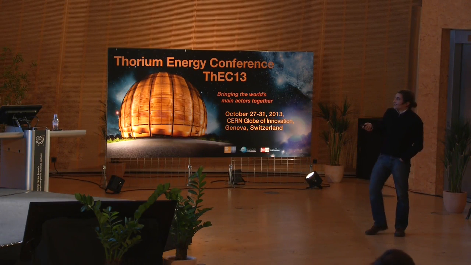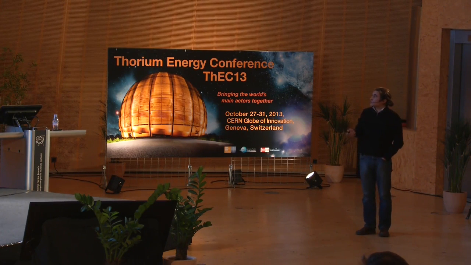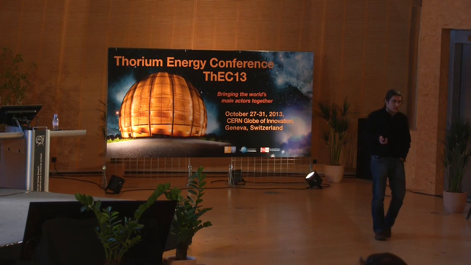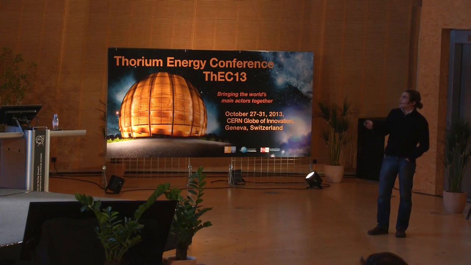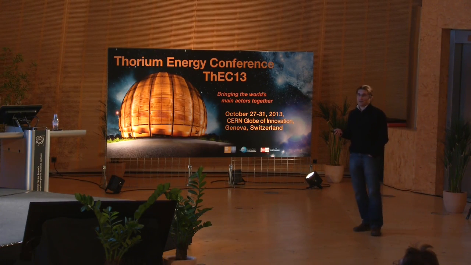So the present specification, as I said, is 10 beam trips. During a 3-month operation period, you must keep the number of beam trips longer than 3 seconds below 10. The specification is derived from the Phoenix reactor operation analysis, and it's of course far above present high power proton accelerator performances.